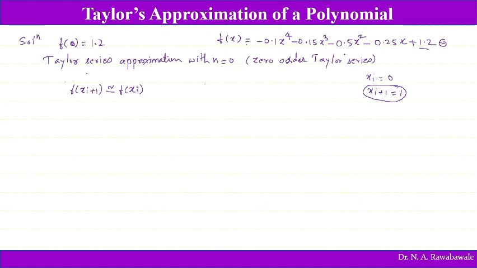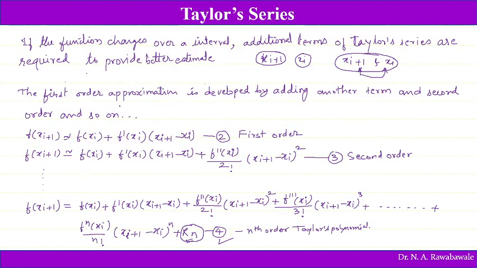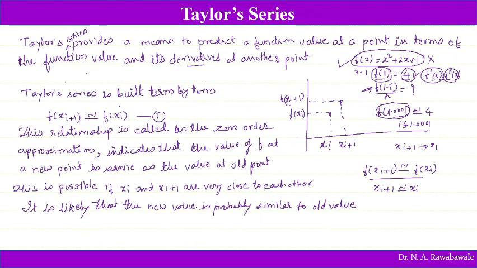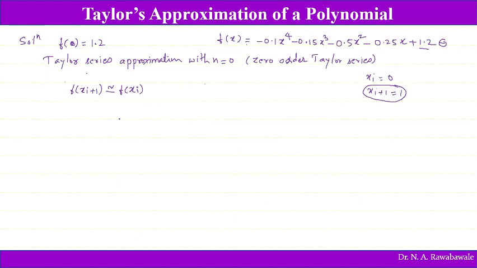So now we are going to use the 0 order equation that we have seen in this slide. Taylor series of 0 order: f of xi plus 1 is equal to f of xi. So to find out the value of f of 1, we say that f of 1 is equal to f of 0, and the f of 0 value we know is 1.2. Now what we know is the true value of f of xi plus 1, which is 0.2.